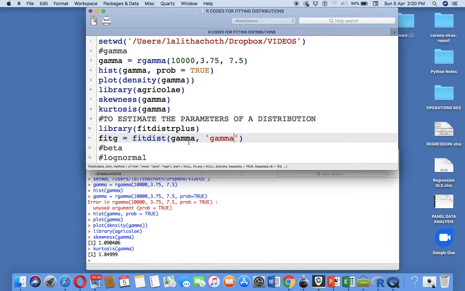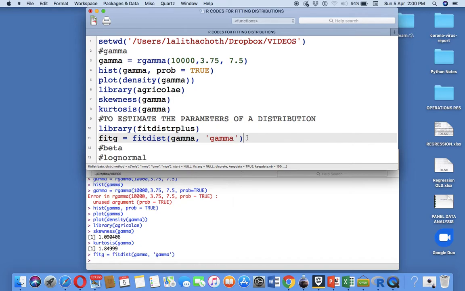So now I'm using this command fitdist. I'm going to fit a distribution on this data using gamma. Right? I run it. It's run.